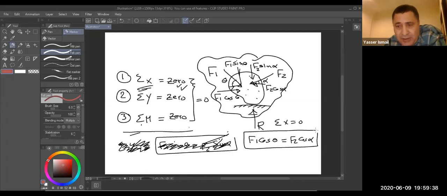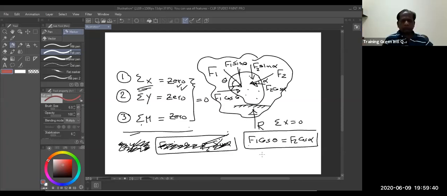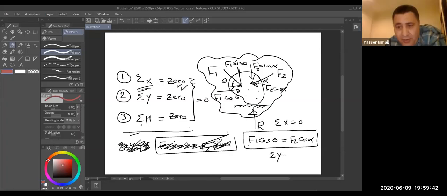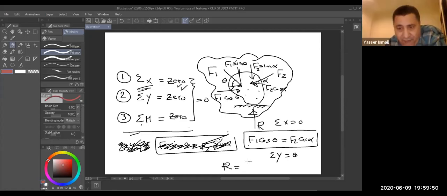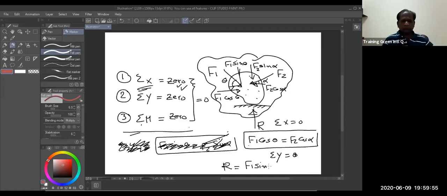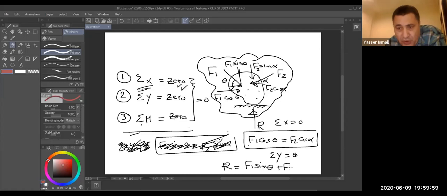What about the second equation? Sigma y equal 0 means R should be equal to F1 sine theta plus F2 sine alpha.